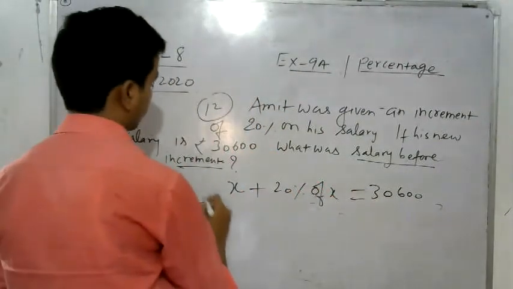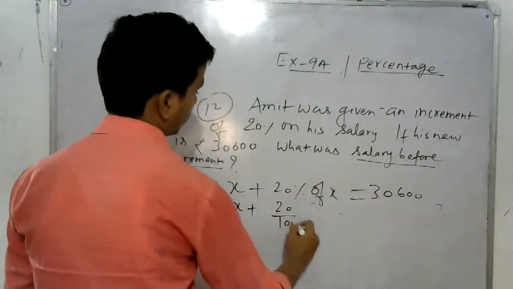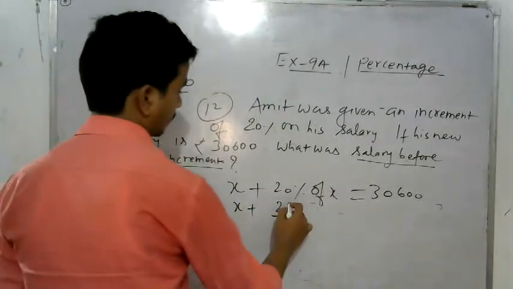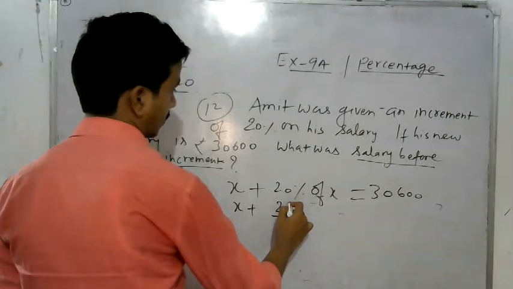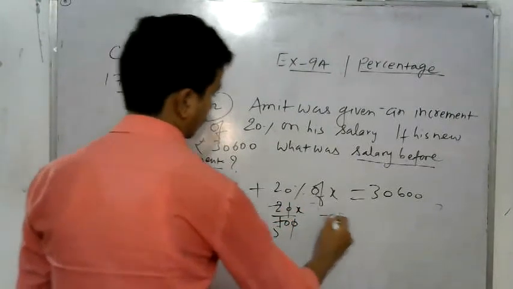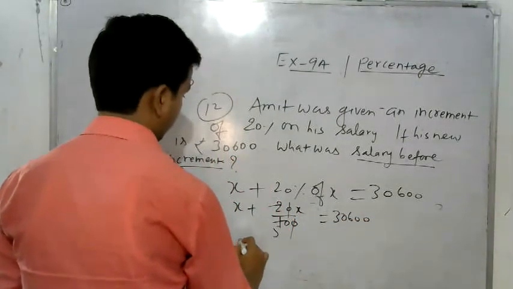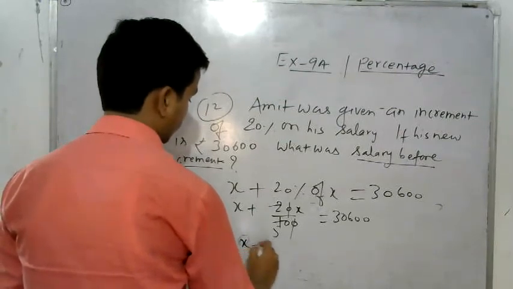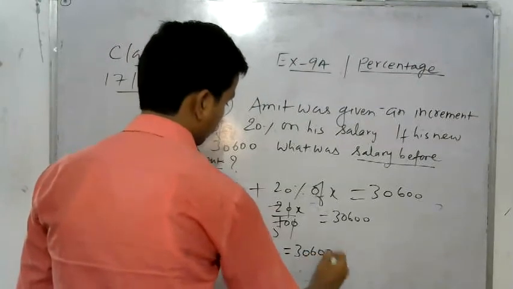Now we will solve it. This implies X plus 20% is 20 by 100 into X, 20X by 100, and it will be X plus X by 5 equals 30,600.